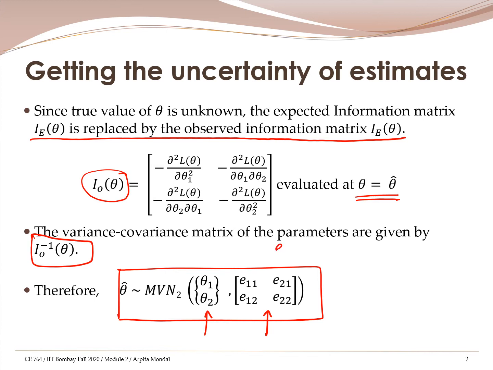E11 is nothing but the variance of the first parameter theta 1 hat. E22 is nothing but the variance of the second parameter. And E21, which is also equal to E12, is nothing but the covariance between them.